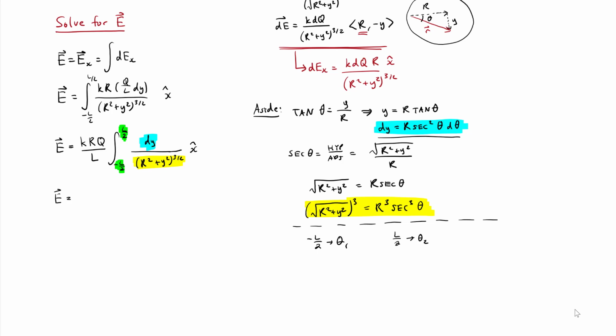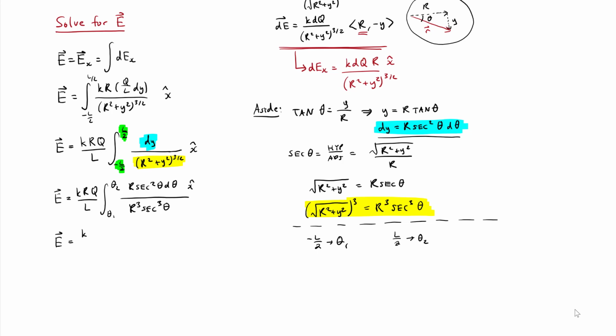We have E equals k, capital R, Q over L. The integral from theta 1 to theta 2, dy is now r secant squared theta d theta, answer still in the x direction, haven't changed that, divided by r cubed secant cubed theta. Okay, so now I can simplify this further.